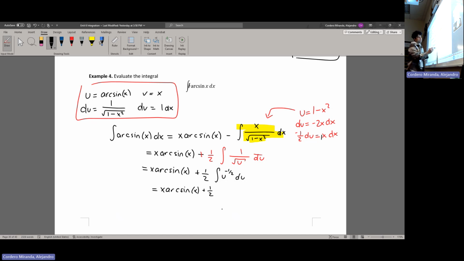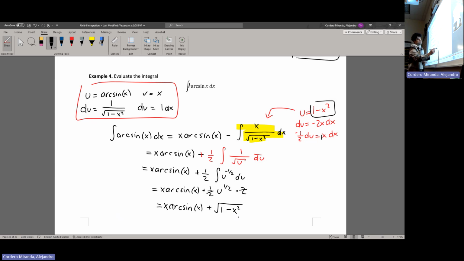So negative 1/2 plus 1 is u to the 1/2, and then divided by the new power, so divided by 1/2 would be times 2. Go back to x's and cancel stuff out. And you get this cancels this, and u was this. So plus square root of 1 minus x squared.